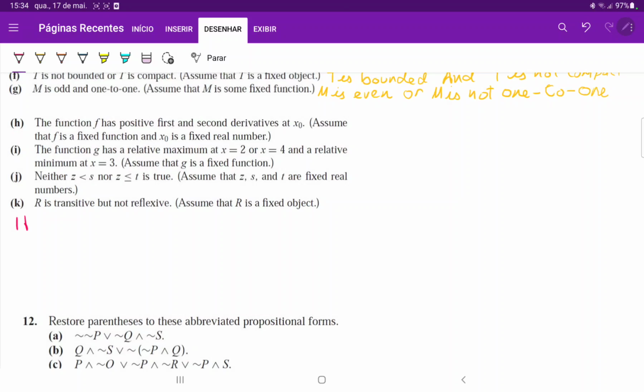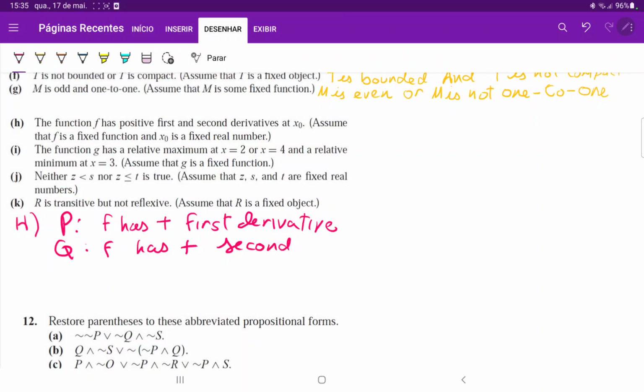So for H, P is f has a positive first derivative, and Q is f has a positive second derivative, at x naught.